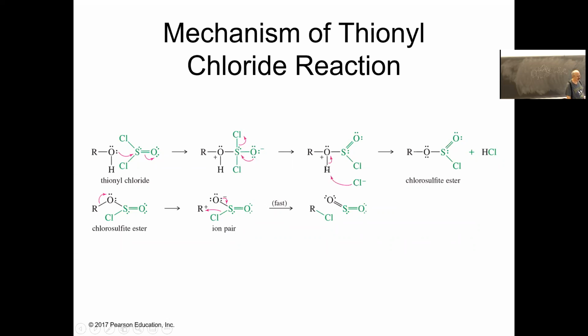Chloride removes this hydrogen. We get what is called a chlorosulfite ester. We then have a dissociation that occurs, and that gives us this ion pair in which chloride rapidly attacks.